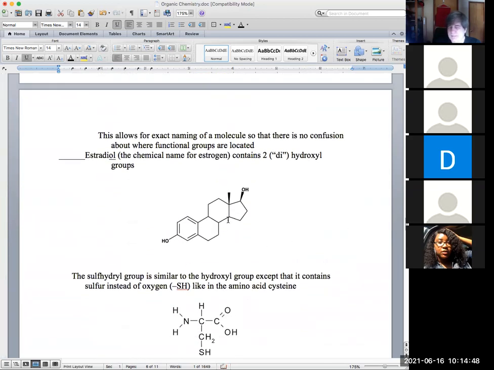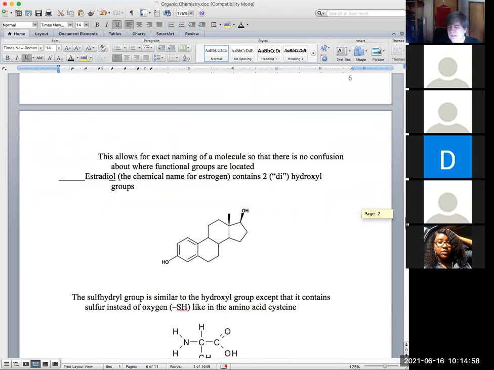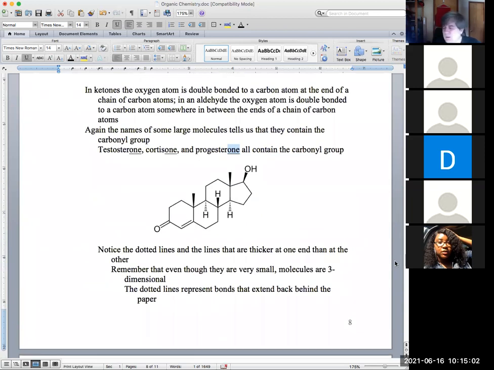That looks very similar to what we saw for estradiol or for cholesterol. We've got those 4 rings with the oxygen down here. We'll talk about this group of chemicals later, but something that I'm sure you've all heard of is chemicals called steroids. Steroids are molecules that have this basic shape.